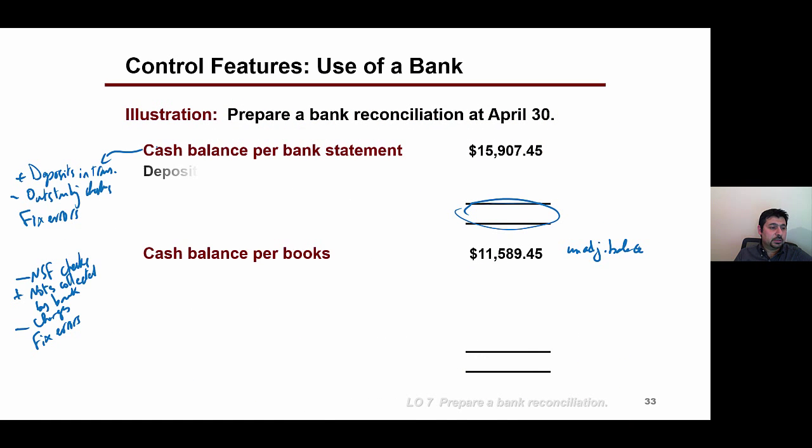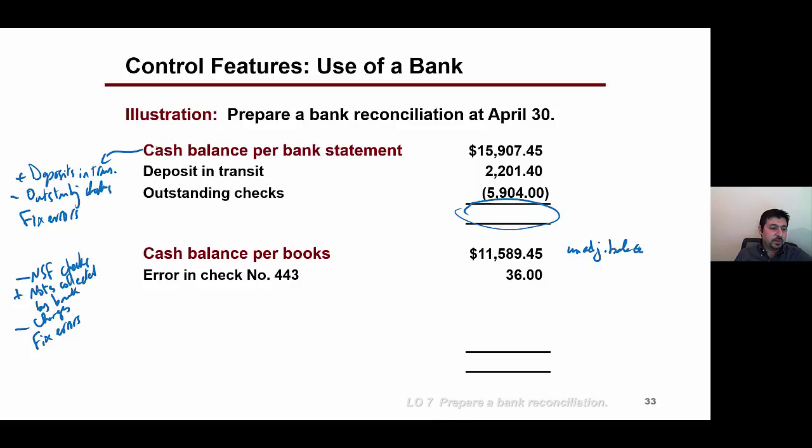So as a result, the company will add to its cash balance $36 to fix the error. The company will subtract the bounced checks, NSF checks will be subtracted, and we also had bank charges for the amount of $30. This is not the amount that was from the collected note.